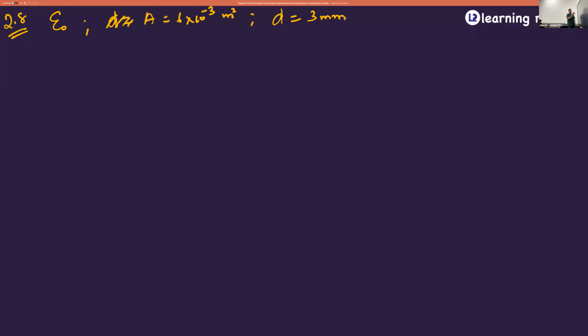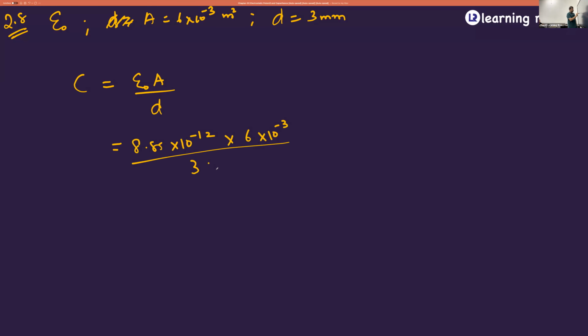It's very simple now again. So what is the formula? C is equal to, it's a parallel plate capacitor, epsilon naught A divided by D. Epsilon naught is 8.85 into 10 power minus 12 into what is the value of A? 6 into 10 power minus 3, the whole divided by 3 into 10 power minus 3. This and this will get cancelled.